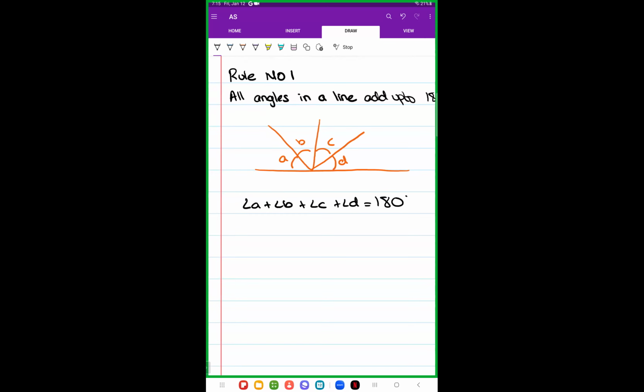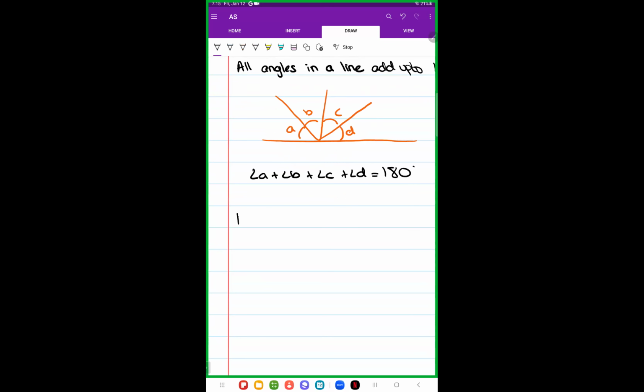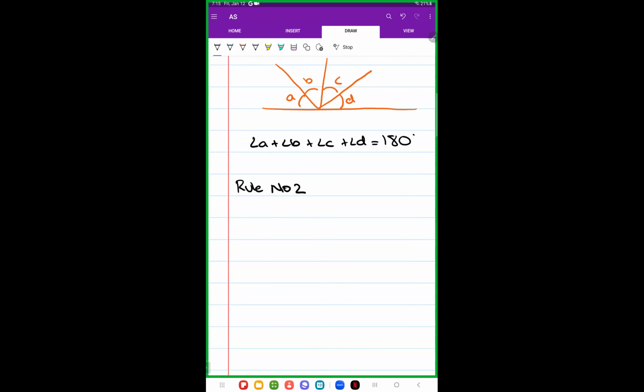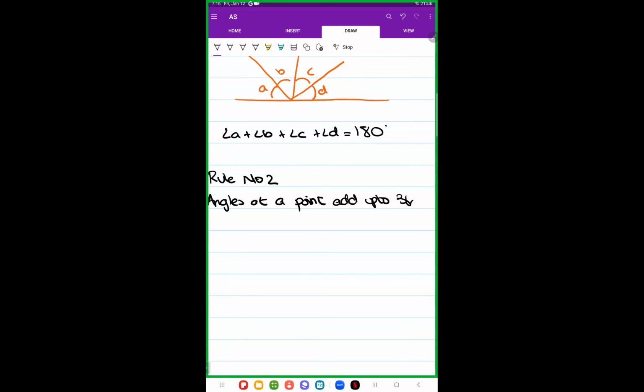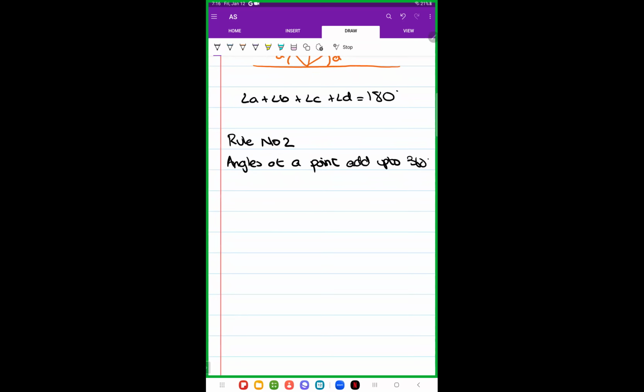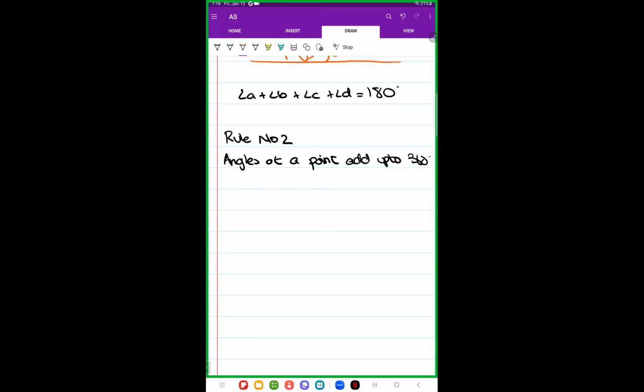Let's talk about the second rule. Angles at a point add up to 360 degrees. What does this mean? 360 degrees we know is a whole circle, right?